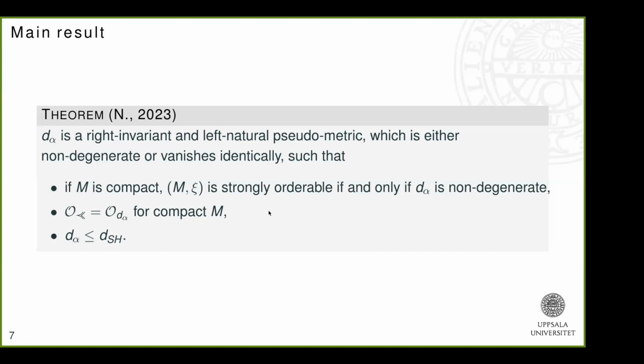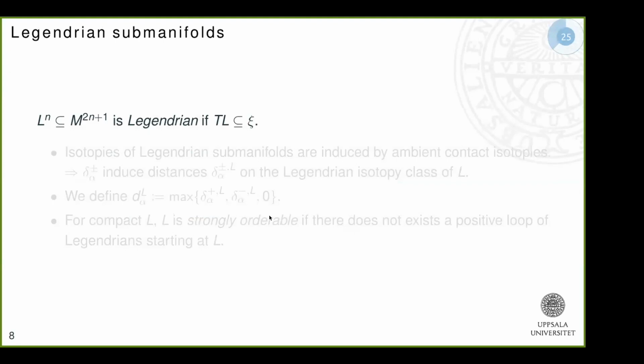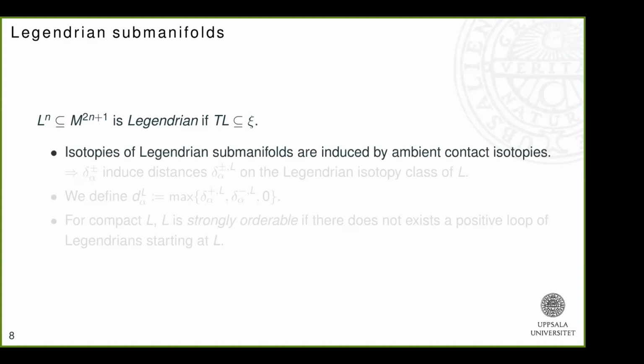Right, so next I want to discuss Legendrian submanifolds. A Legendrian submanifold is an n-dimensional submanifold which is everywhere tangent to the contact distribution. One important fact about Legendrians is that any isotopy of Legendrian submanifolds is induced by an ambient contact isotopy, and therefore whenever we have a notion of energy of contact isotopies, then we get an induced notion on Legendrian isotopy classes.